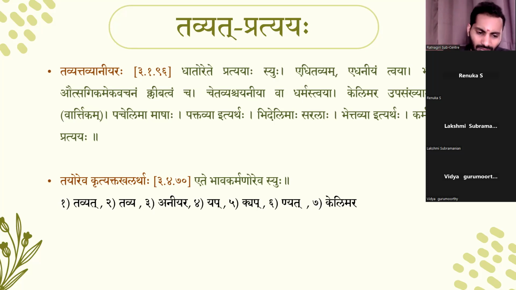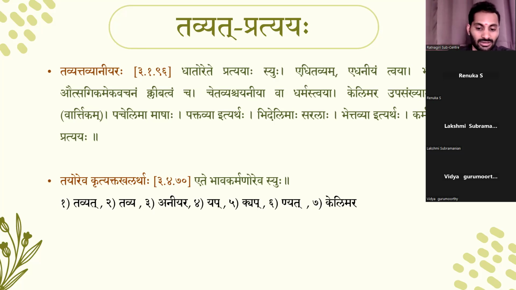Whether we add Tavyat or Tavya, both will have the same form, same roots and same meaning. I haven't studied Vaidika grammar specifically, but it mentions that the swara will be a little higher or lower, udatta or anudatta, and that difference will be there by adding these two pratyayas.